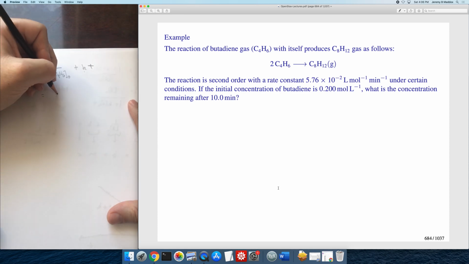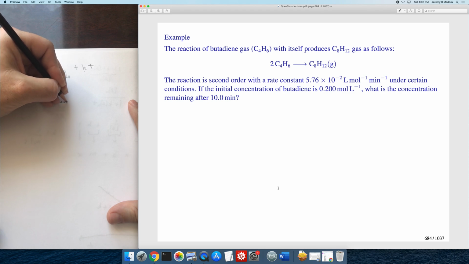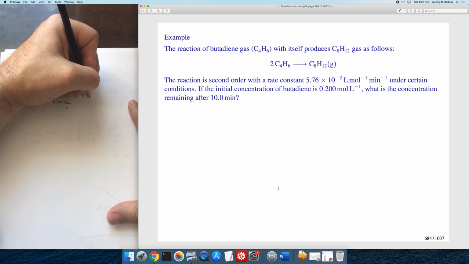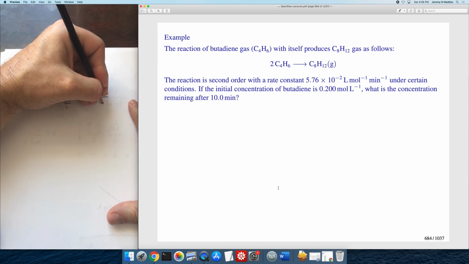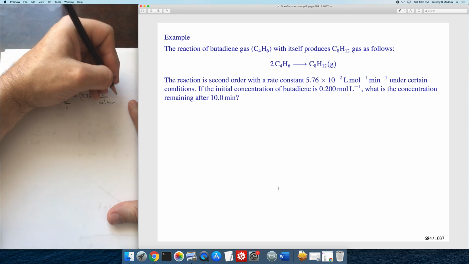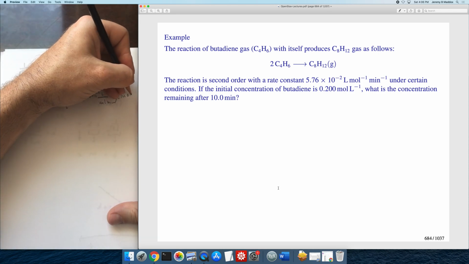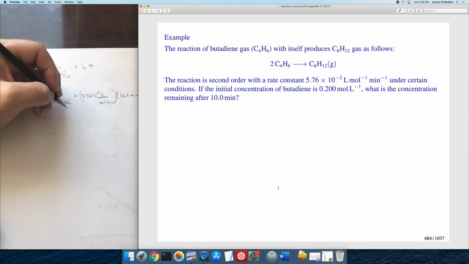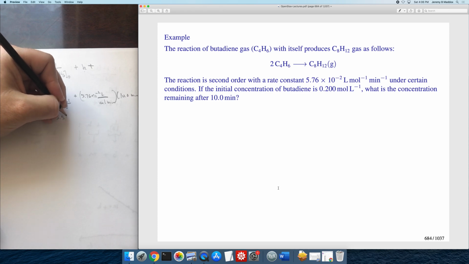So we'll just plug in the numbers as we have them. Plus the rate constant, times the time of 10 minutes. I'm getting 5.576.